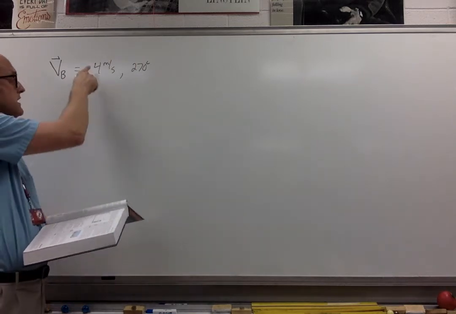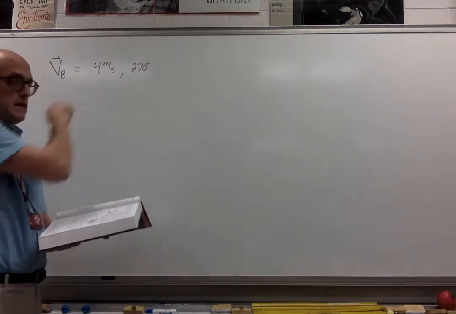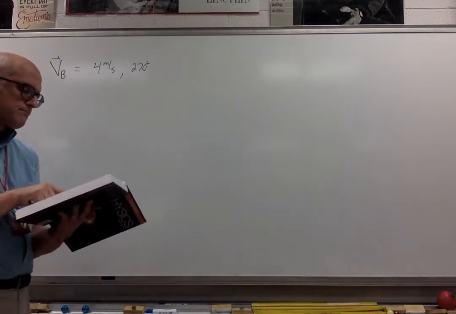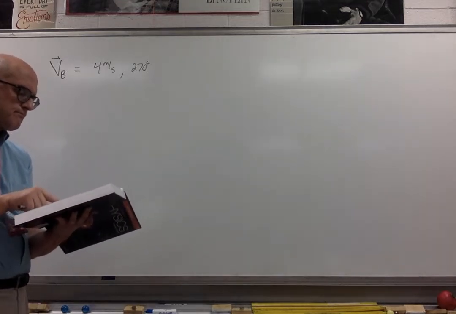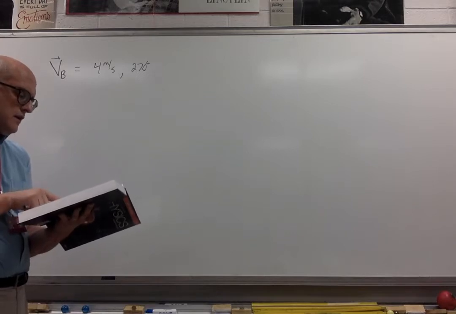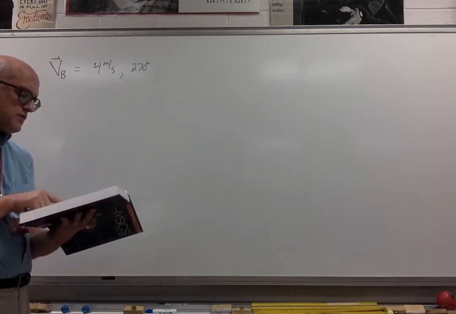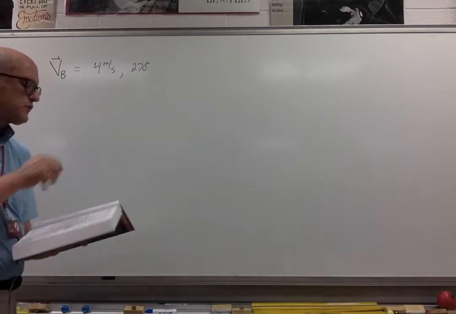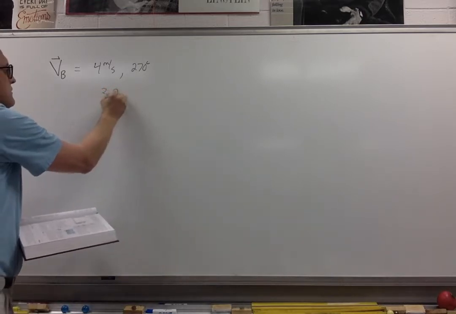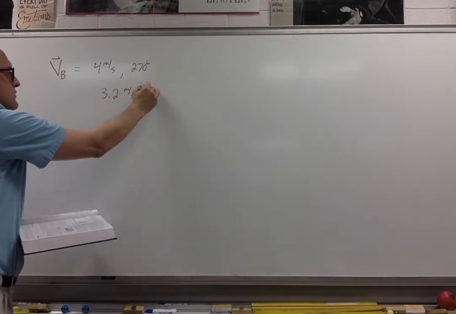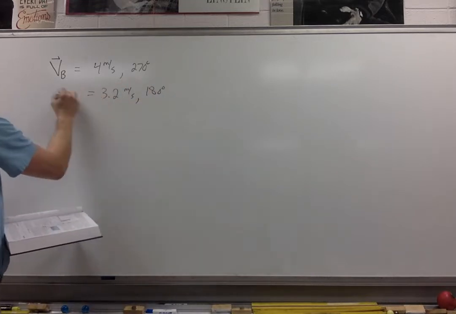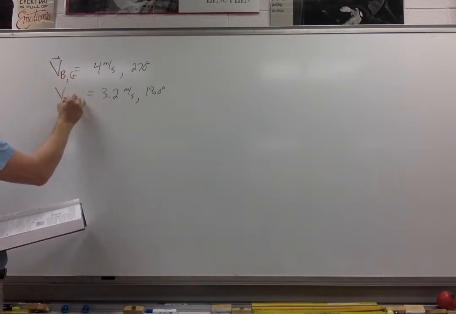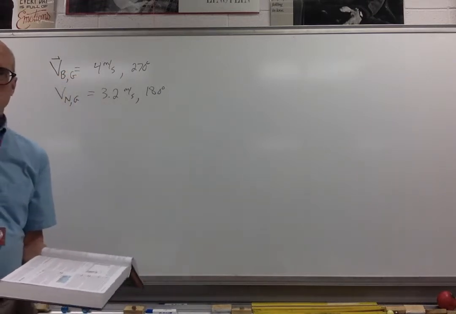I don't put a negative sign in front of the 4 because I already have the direction noted, 270 degrees. Neil is in front of her. With respect to the ground, Neil is skating due west at a speed of 3.2 meters per second, and west would be 180 degrees. So that's the velocity of Neil. Now both of these are with respect to the ground, so I put a second subscript there, G.